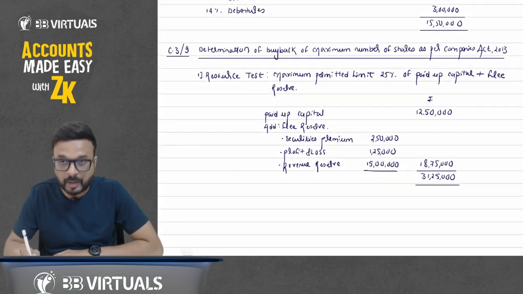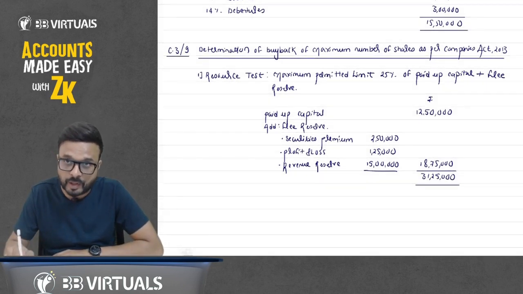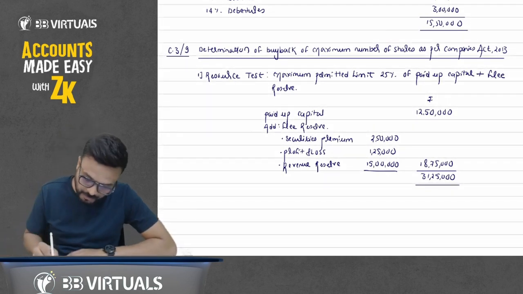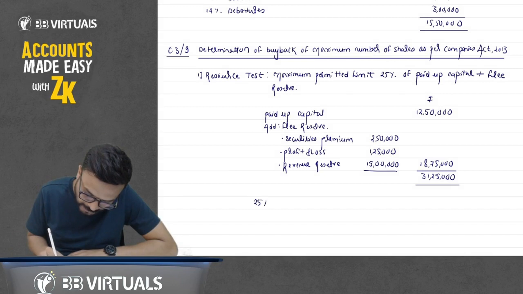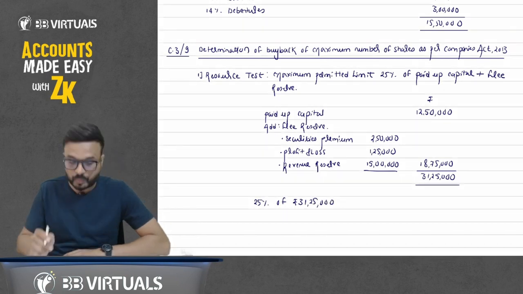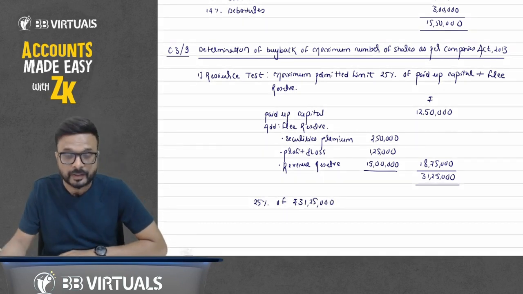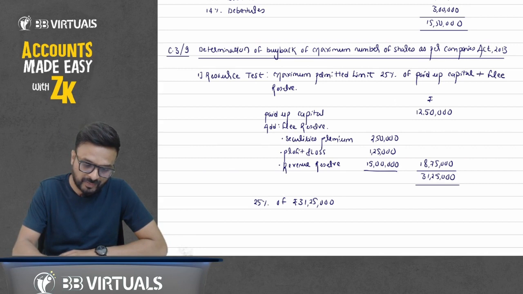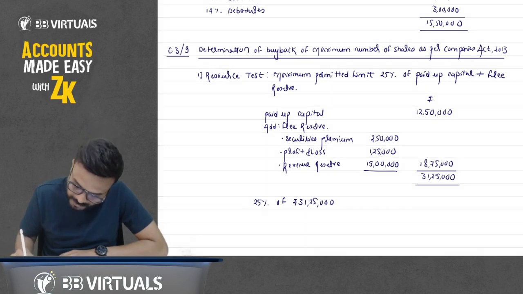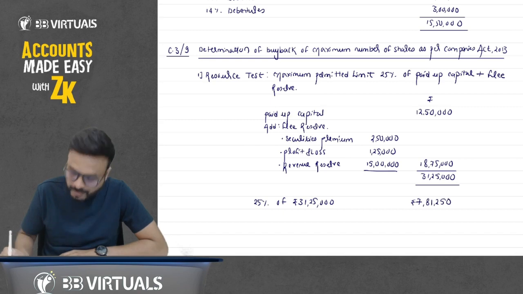The maximum allowed is 25% of paid up capital plus free reserve. So write down 25% of 31,25,000. 31,25,000 multiplied by 25% comes to 7,81,250.